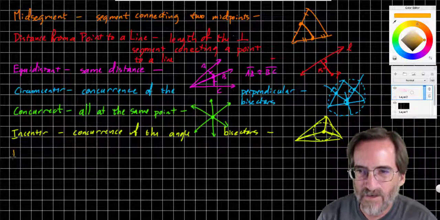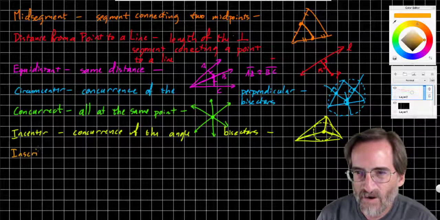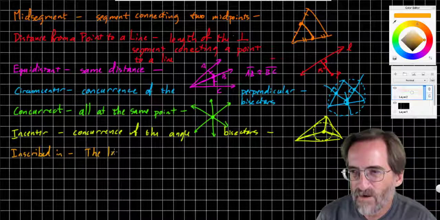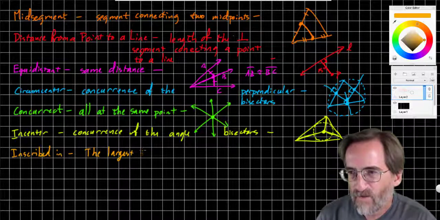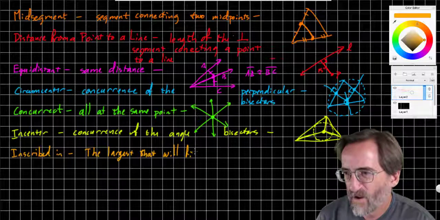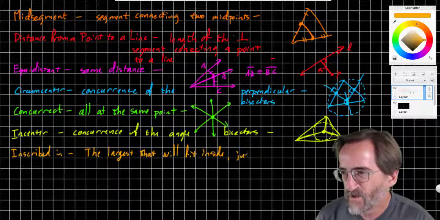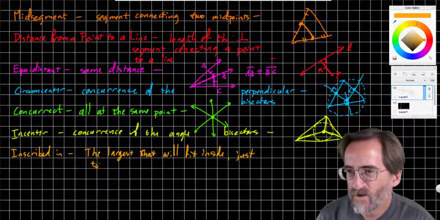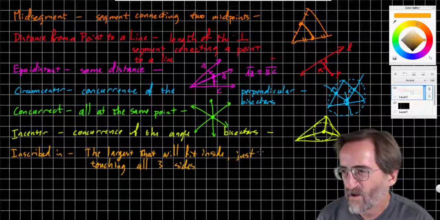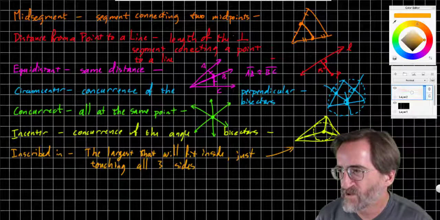Inscribed in. The largest shape that will fit inside, just touching all three sides. I'm going to give this as my example.